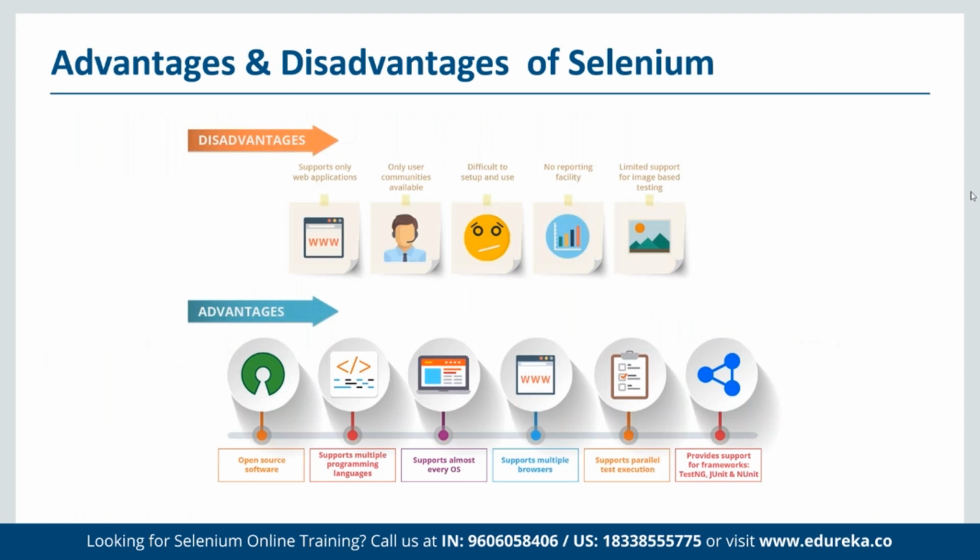Now, the biggest advantage that we have with Selenium is that it can work with parallel execution. So you can run 2, 3, 4 test cases, or a single test case, on different browsers at the same time. That's the beauty of Selenium, which also saves your time, and time is money.